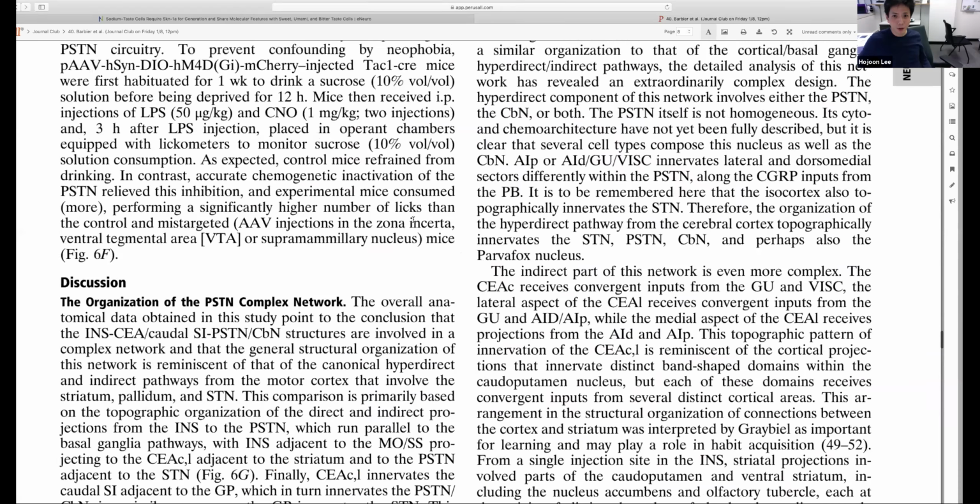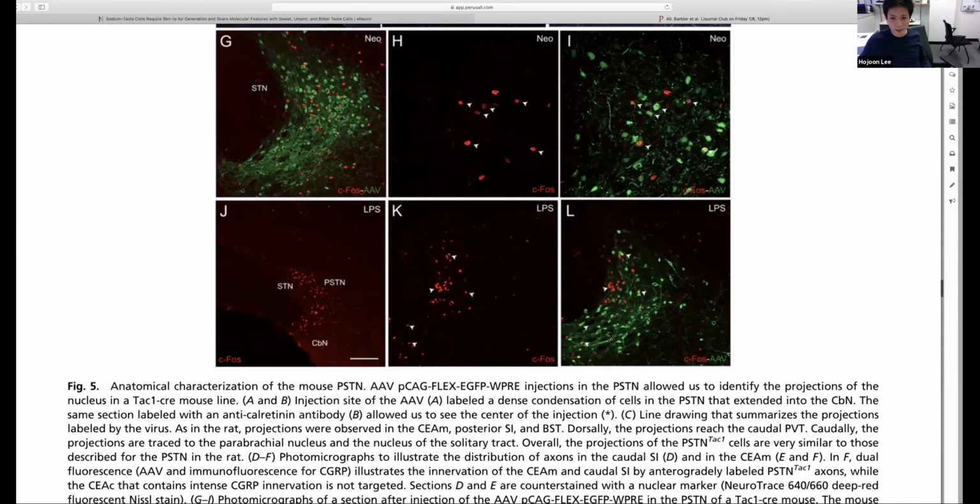Because especially for this, there's very little overlap for L. What do you think? Yeah, there's very little.